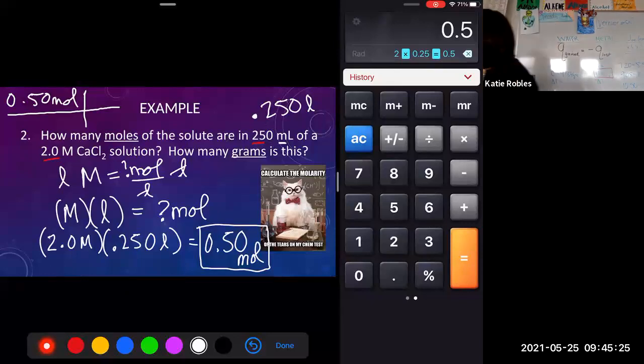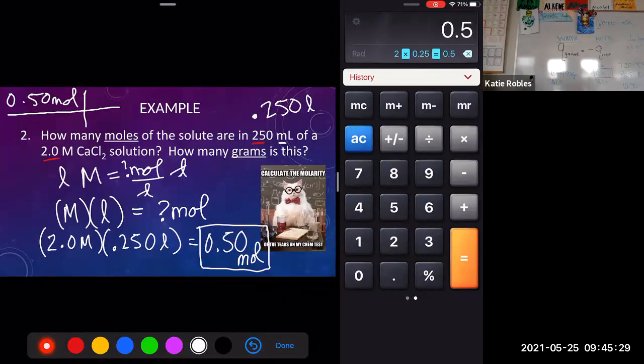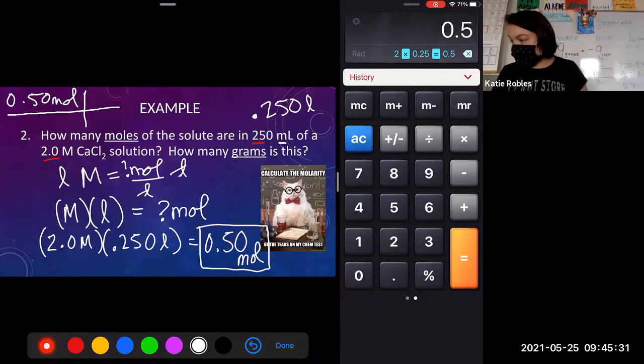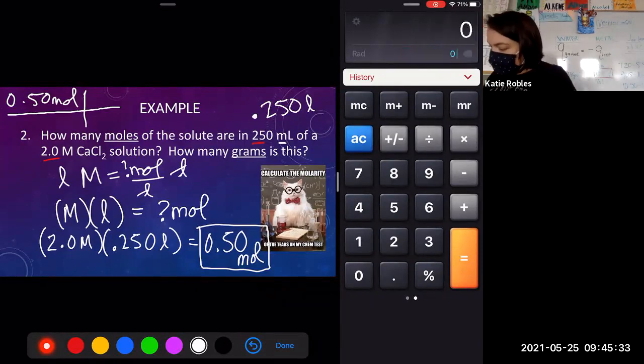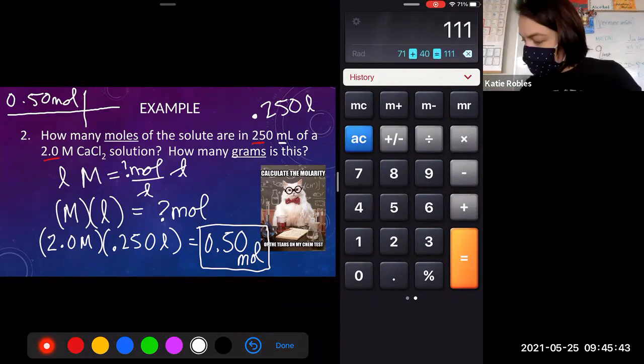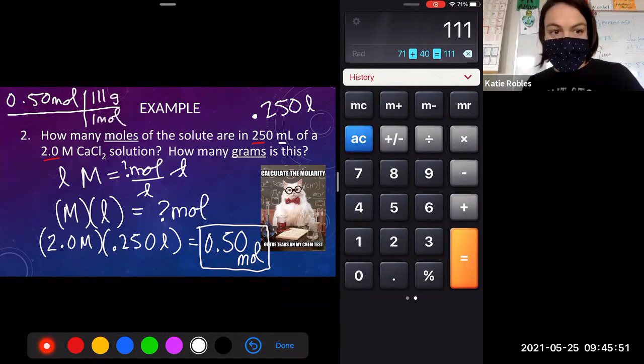Calcium is 40. Chlorine is 35.5. There are 2 of those, so 35.5 times 2 plus my calcium, that's 40. So calcium chloride has a molar mass of 111 grams per 1 mole, right?